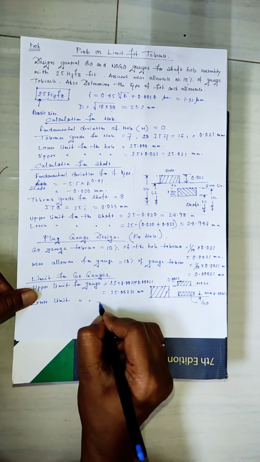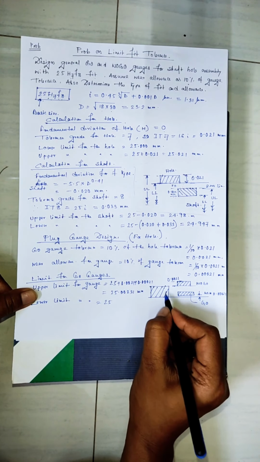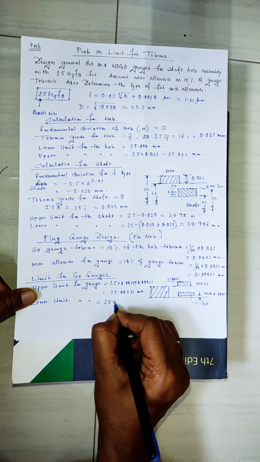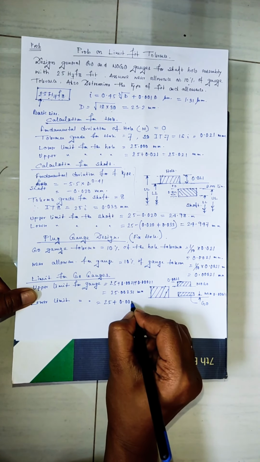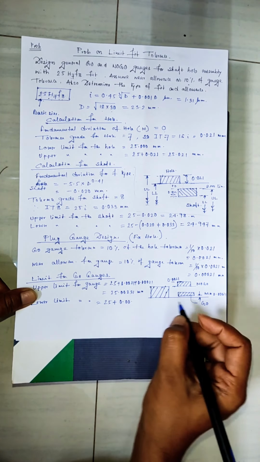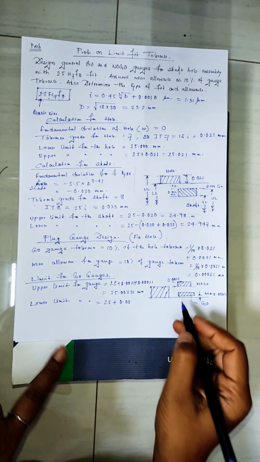So the lower limit for the gauge is equal to this value. Obviously, this is actually the go gauge.